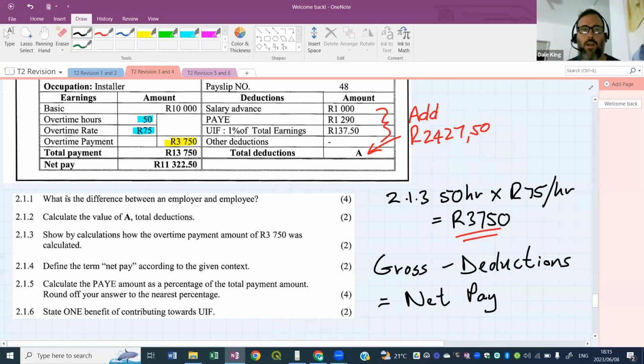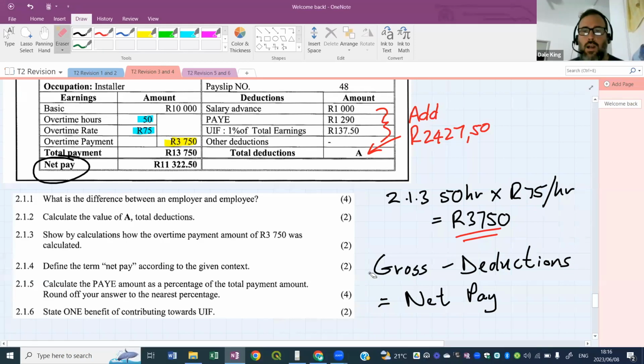So the net pay, which is this one here, is the gross before deductions, take away the deductions, that'll give us our net pay. All right, so this formula here, you can try and explain that. Net pay is the gross amount that's coming in minus deductions. And you guys are typing it out there in chat. Very good. Yes, those answers are fantastic. All right, so that was question 214.